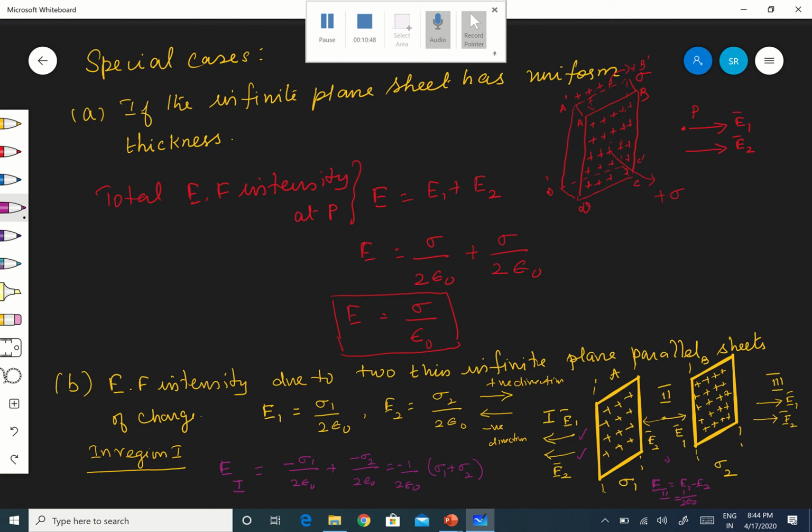Which is positive here? E1 is positive because it is from right to left. Therefore, I can write this as sigma 1 minus sigma 2. E1 is positive and E2 is negative.